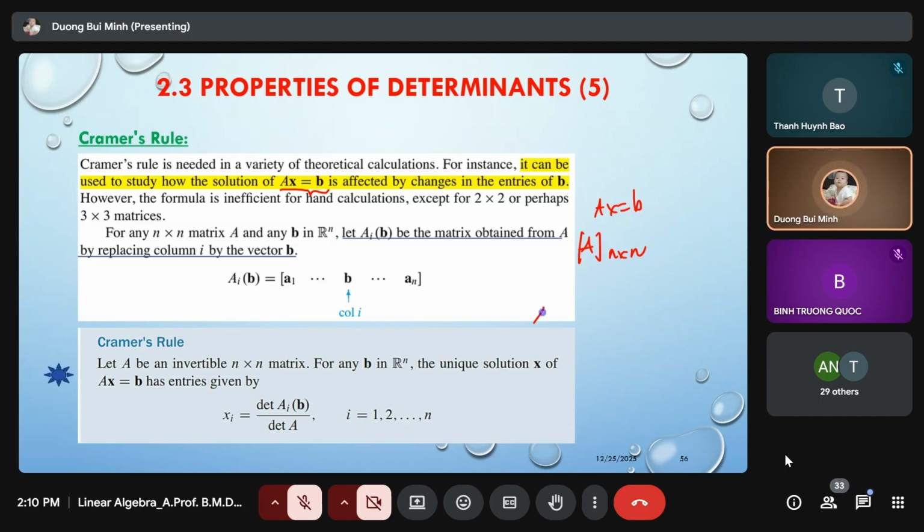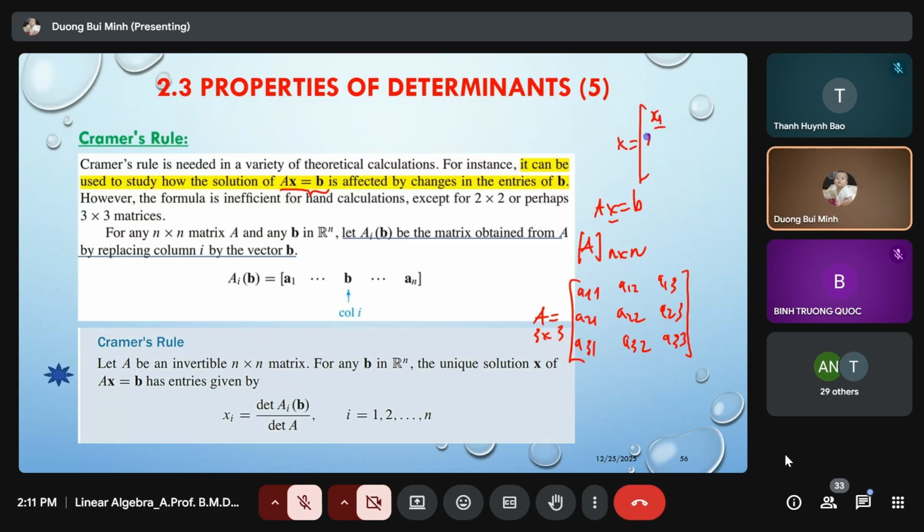For example, we have 3 by 3, so you get A11, A12, A13, A21, A22, A23, A31, A32, A33. And we have x1, x2, x3, and for b, we have b1, b2, b3.